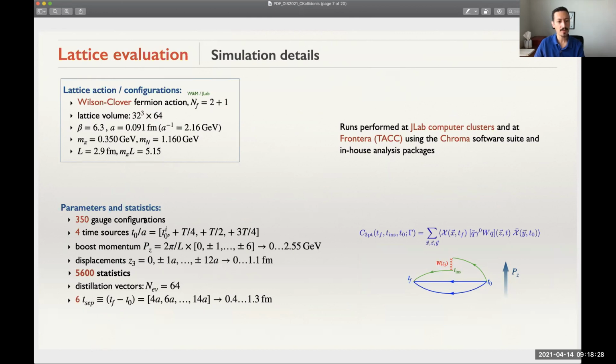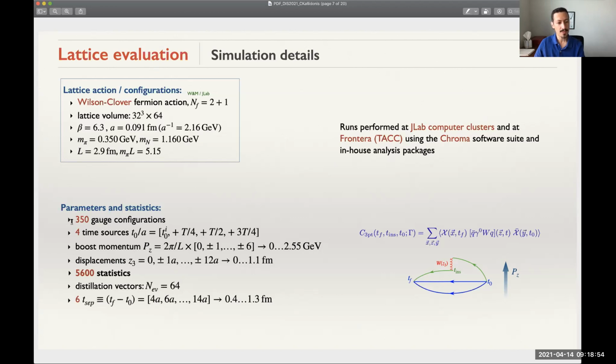We have around 350 gauge configurations. We have 4 time sources, which allow us to increase our statistics. We have 6 non-zero values of the boost momentum, which correspond to about 2.5 GeV at the highest boost. We have 12 values of the Z3 displacement for the gauge link, with a highest value of about 1 Fermi.